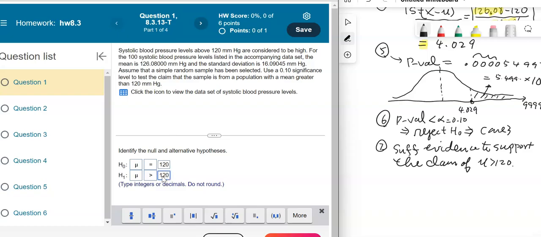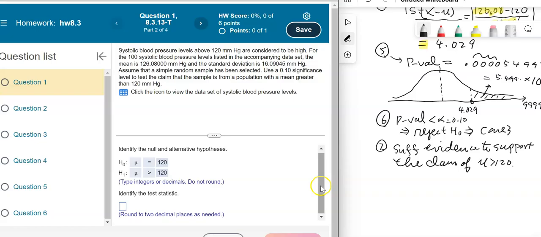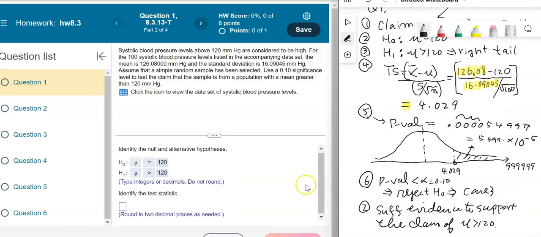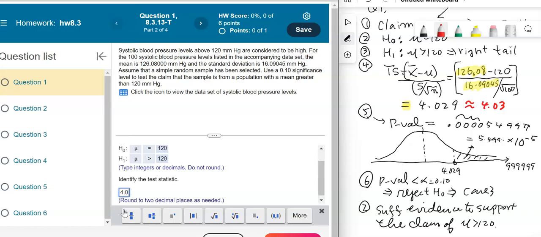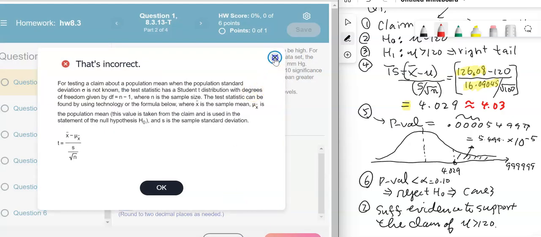Okay, right. And then what is test statistic? We have 4.029. So round to 2 decimal, 4.03. Okay, so 4.03. Oops, wait a minute.